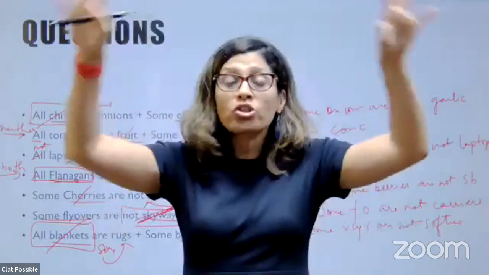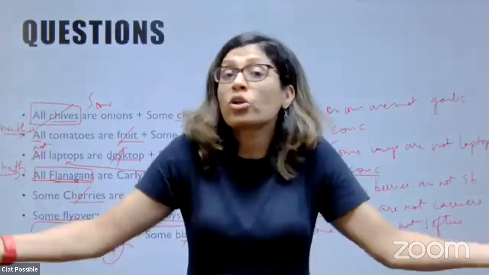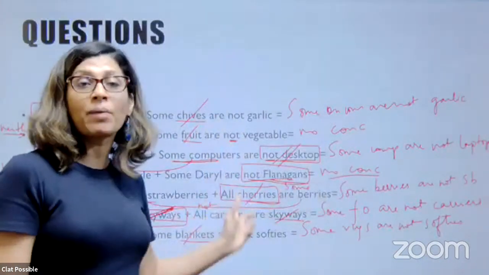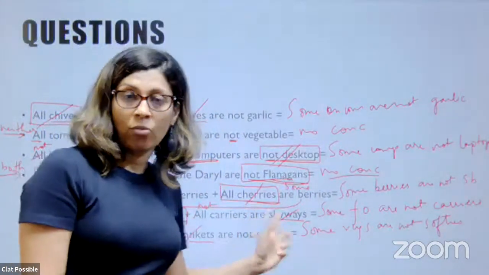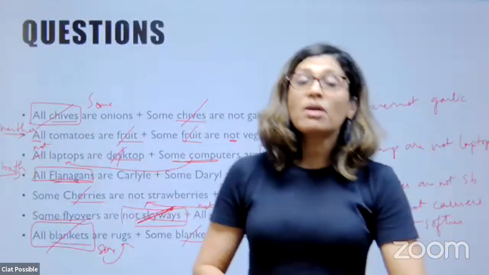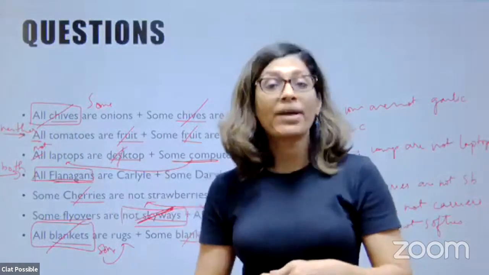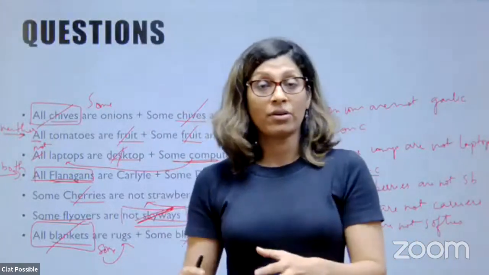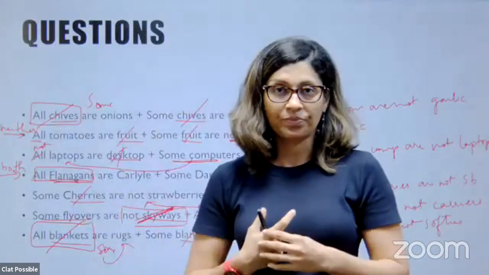Why? Because now you won't solve unnecessary statements because you know there are no conclusions. So imagine otherwise for these, you were making diagrams. What were you doing? You were making diagrams, but without the rules, you were trying to draw all sorts of diagrams, and there was a chance that one diagram you were missing.